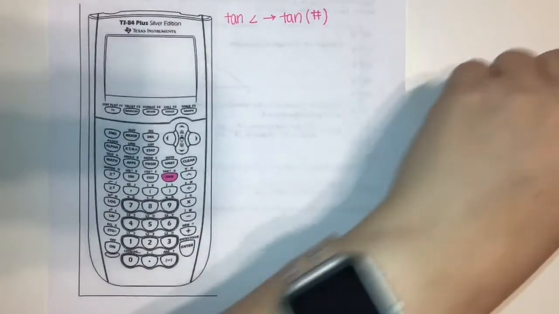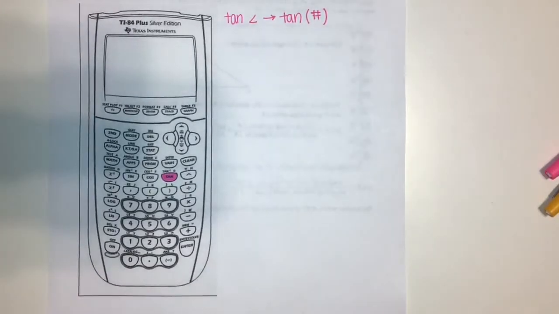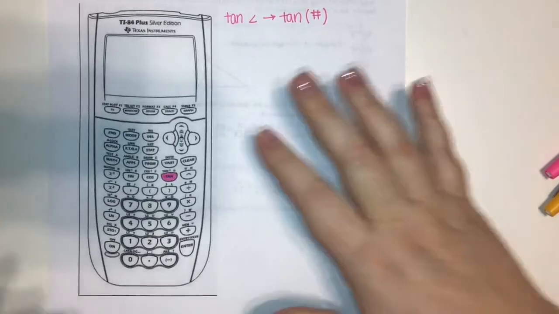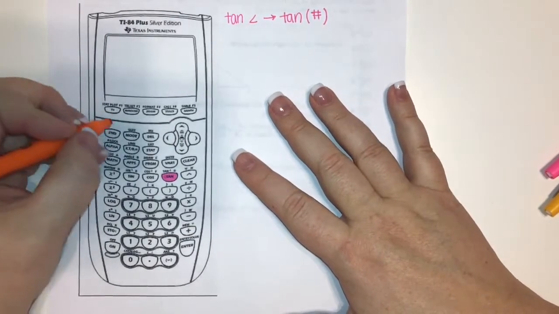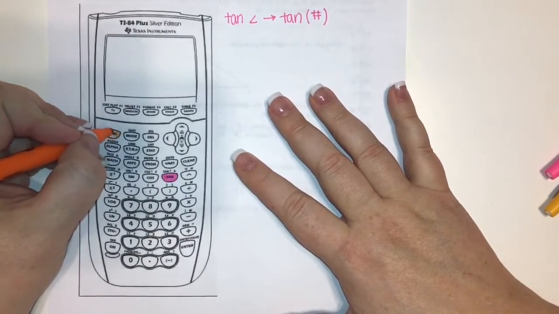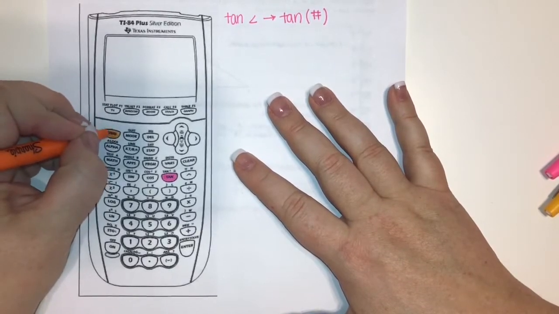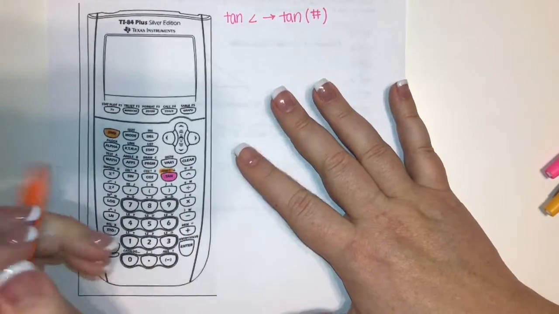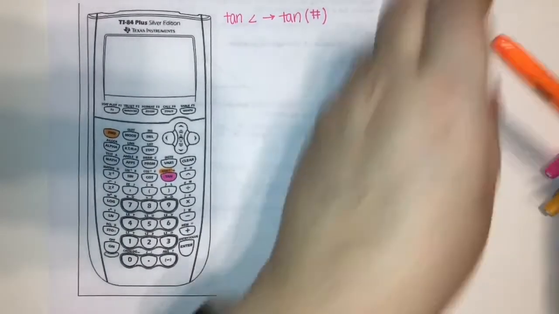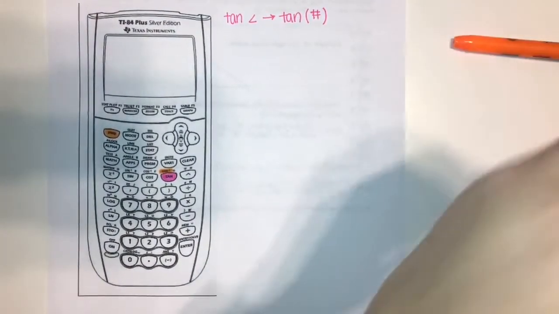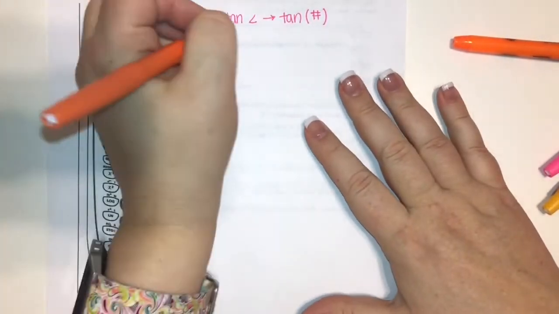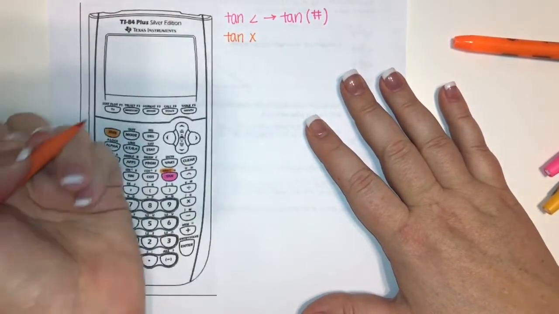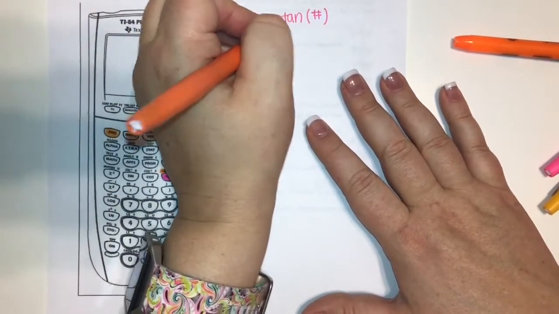And then let's pick a different color highlighter. If we are trying to find the angle, so our angle is missing, what we're going to do is hit second, and then hit the tan button, so we'll get tan to the -1. That is inverse tan. So when I have tan of x, I need to use my inverse tan.